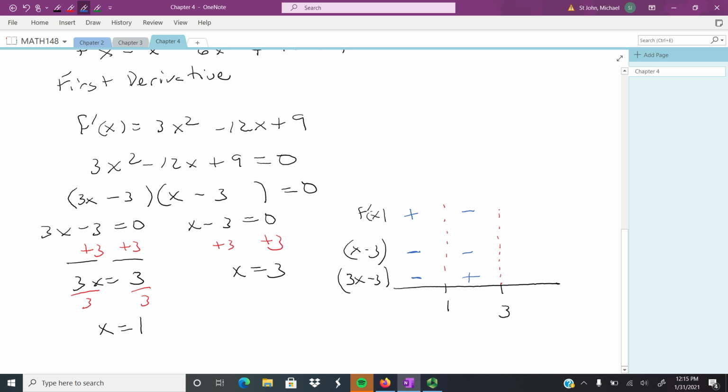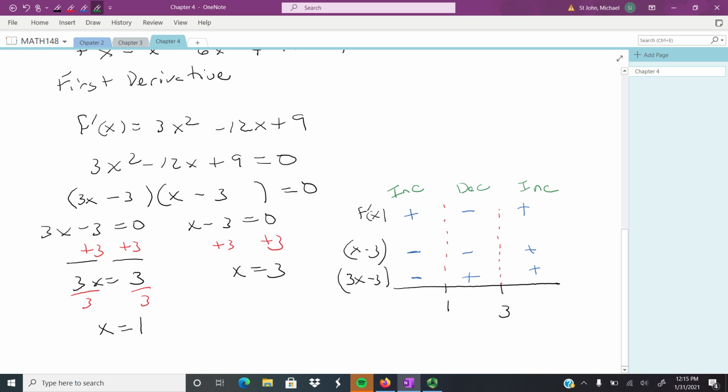And then we pick a number greater than 3. And on this side, everything would be positive, right? So what does this tell me? Well, this tells me that here it is increasing. Here it's decreasing. And here it's increasing, right?